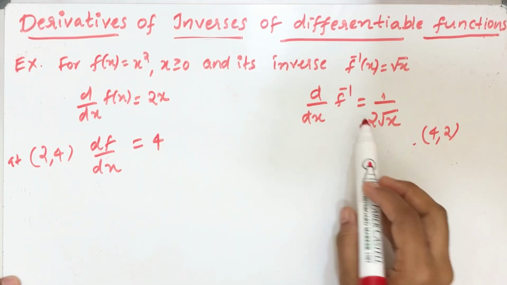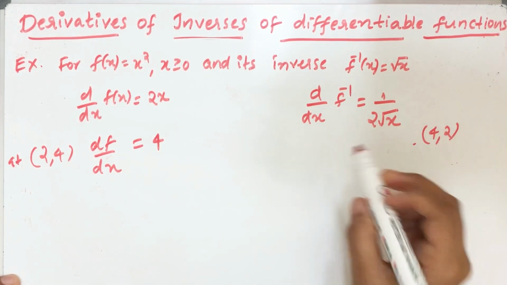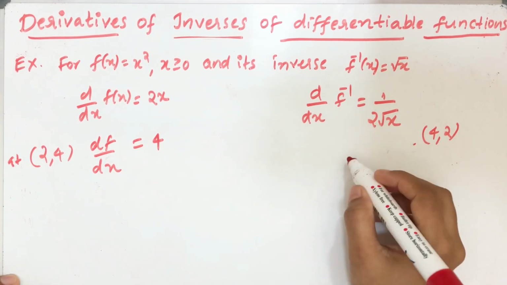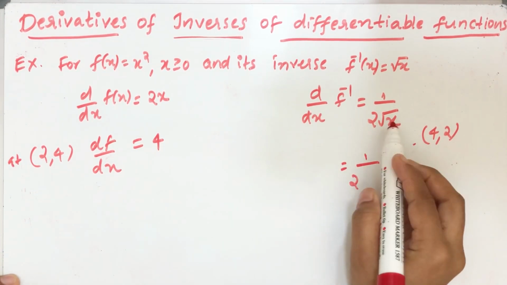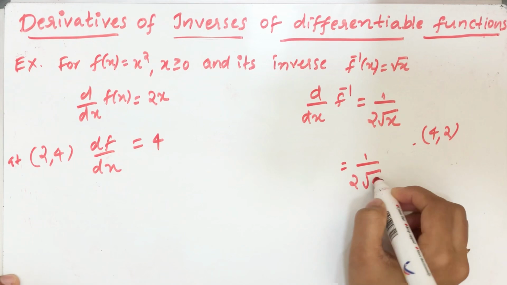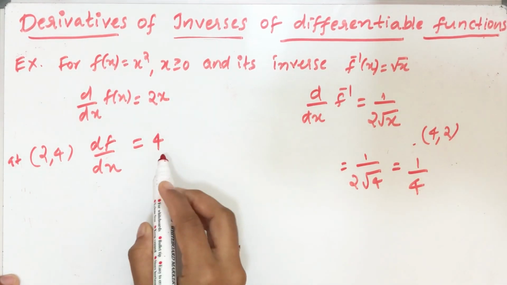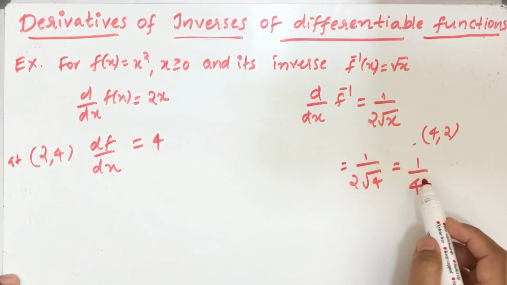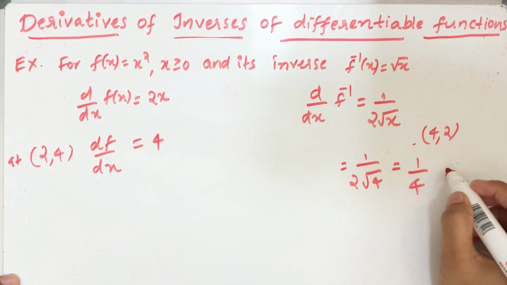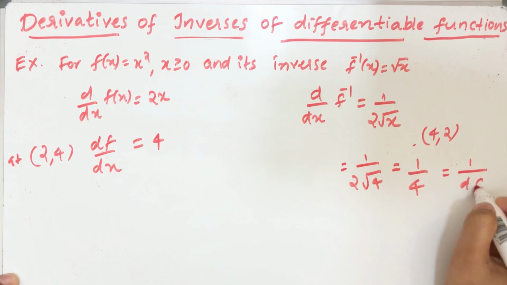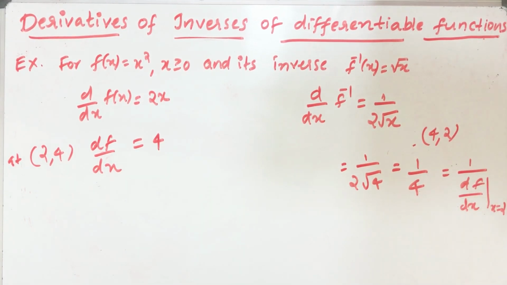And what is the derivative at (4, 2)? Here it becomes 1 by 2 into root 4, since the x coordinate is 4, and root 4 is 2, so that is 1 by 4. See, here the derivative is 4, and here the derivative is 1 by 4. This is nothing but 1 by df by dx at x is equal to 2.